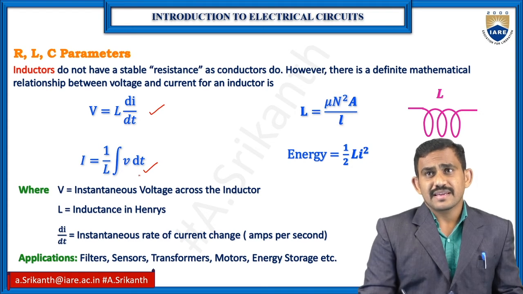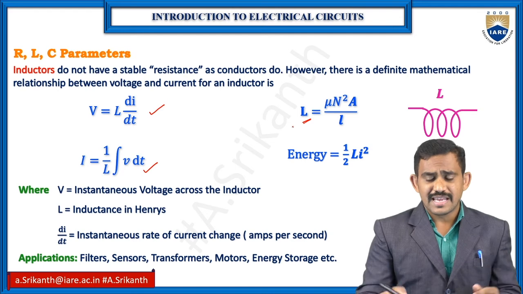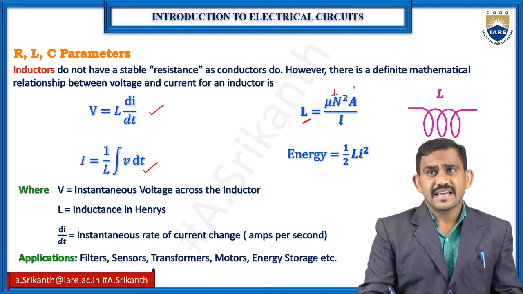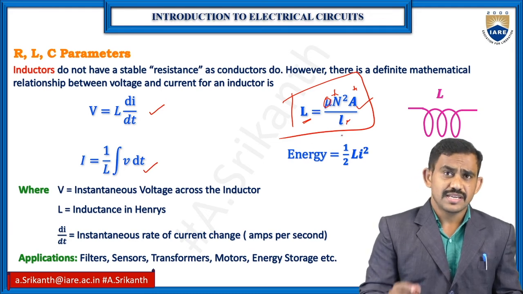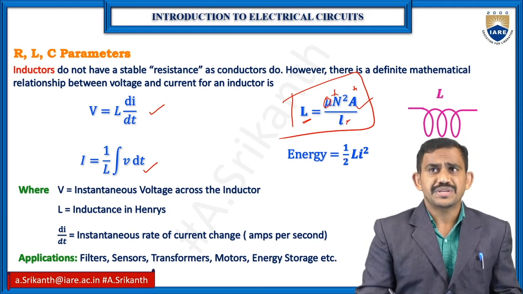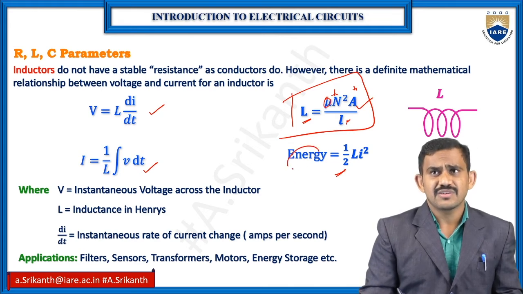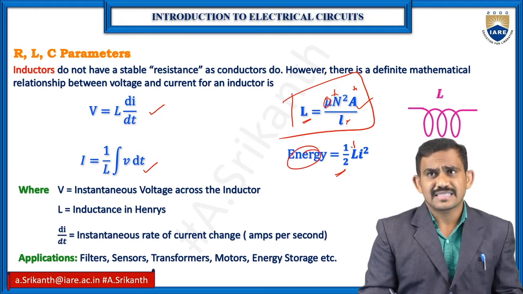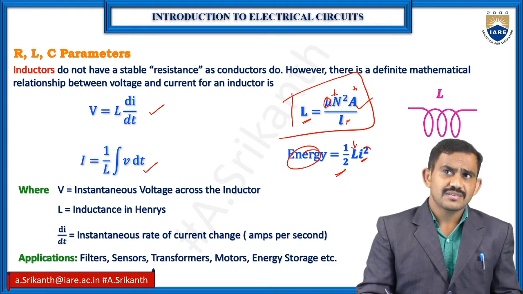For inductor, suppose in the exam the number of turns, area, length and mu value are given, then to find the inductance you need to use this formula. This is the formula for inductance. Energy stored in an inductance is 1 by 2 L i square. In the exam if some energy value and inductor value are given, find the current flow using this formula.